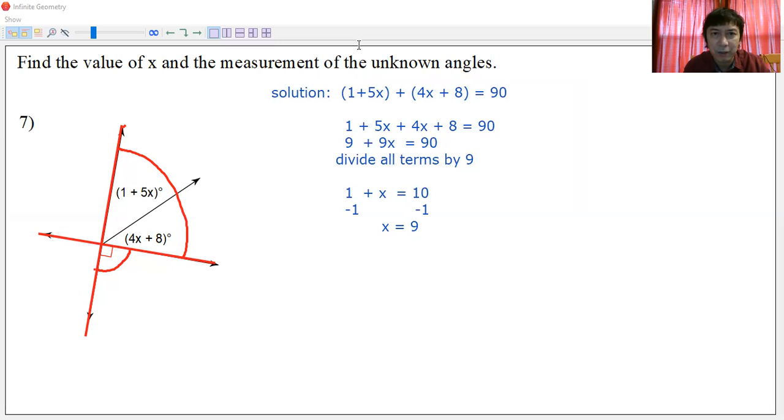One of the angles has the expression 1 plus 5x. So 1 plus 5x means 1 plus 5 times 9, 5 multiplied by 9. This is equal to 1 plus 45, which amounts to 46 degrees.